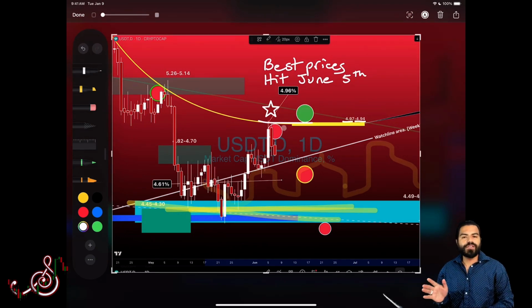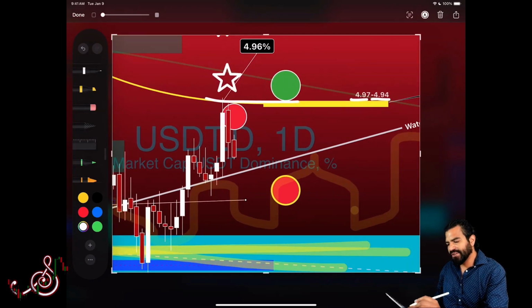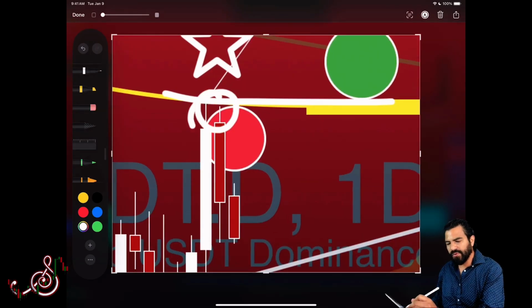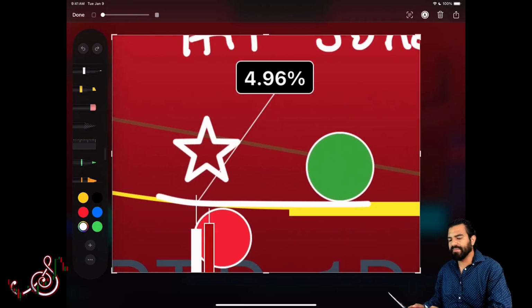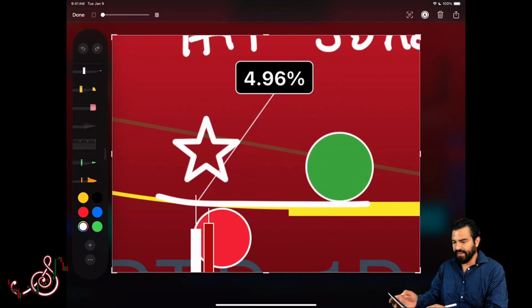Now, is this going to be my entry? Not exactly, and I'll show you why. This is where I believe, if you are at a decision-making point, price can happen. Then 2 scenarios can happen at 4.96. If you're going to pay the prices and enter crypto anyway, that's where you want to have paid.